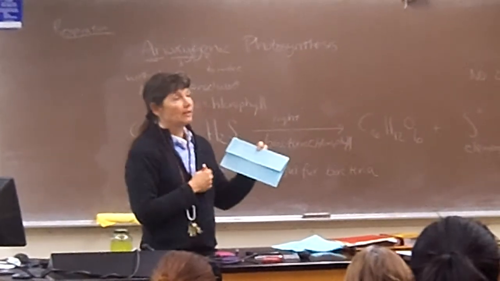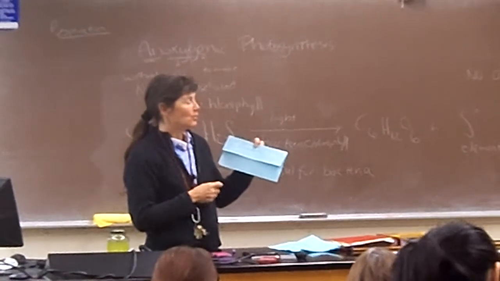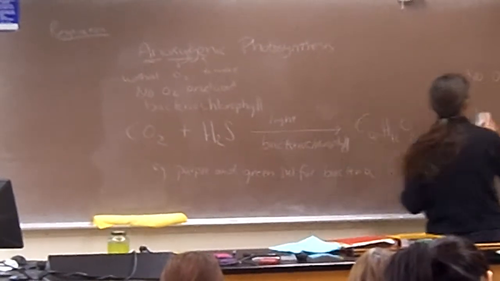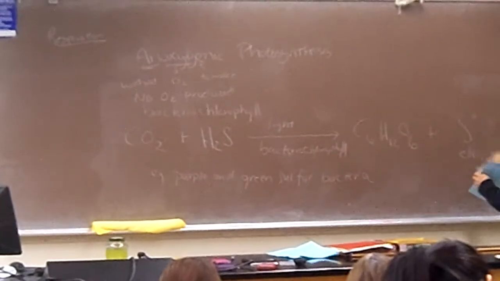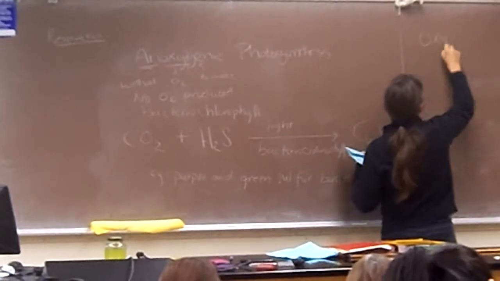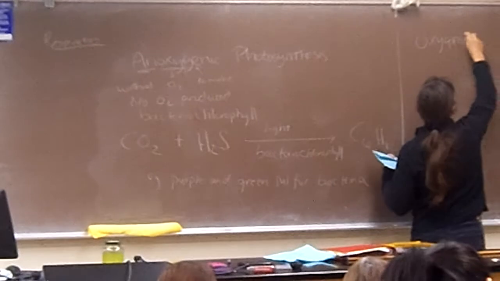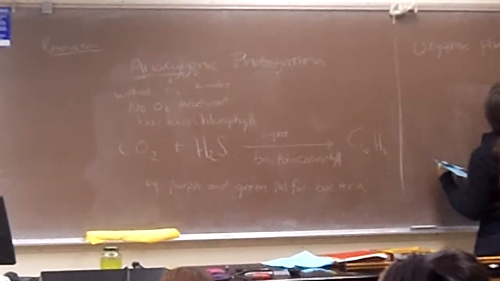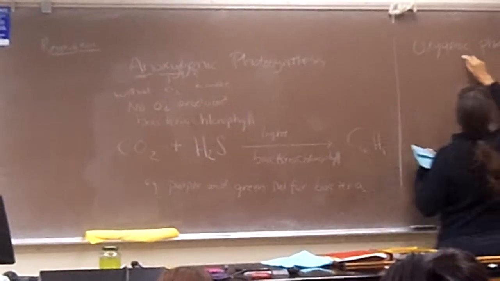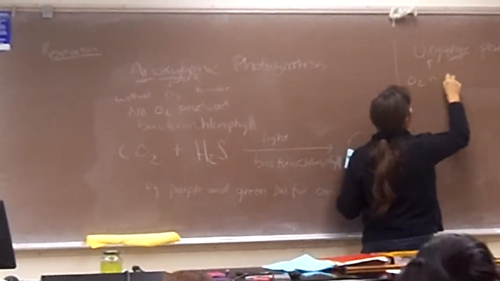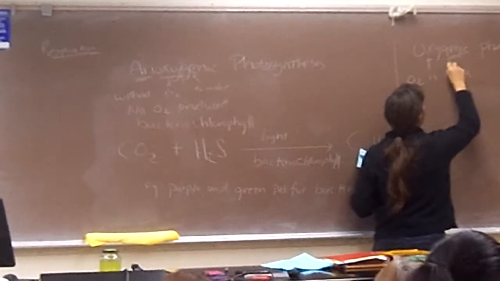And the huge advantage, well, from our point of view, of oxygenic photosynthesis is that now the cells can use water. What are we going to make in oxygenic photosynthesis, you guys, besides glucose? We're going to make what? Oxygen. Yeah, oxygen is made.